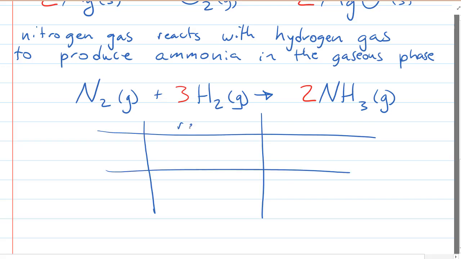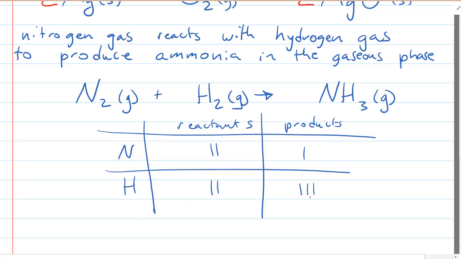I have the reactants here on the left, products on the right, and the two elements in this case are nitrogen and hydrogen. One way to do it then is just by tallying them up. You might start by looking at these, showing 2 nitrogens and 2 hydrogens on the left, 1 nitrogen and 3 hydrogens on the right.